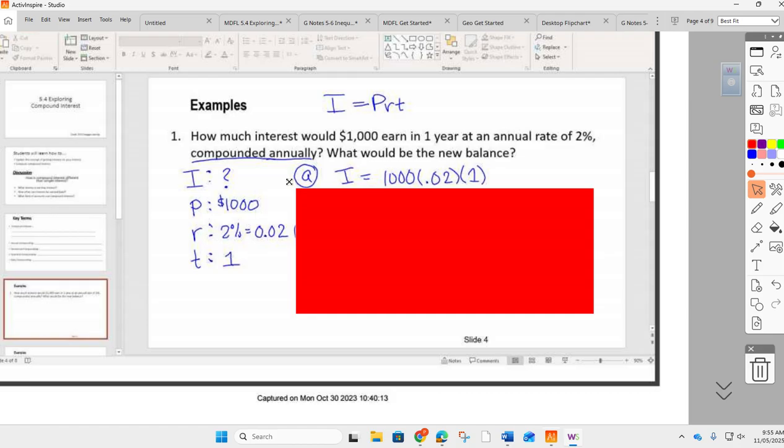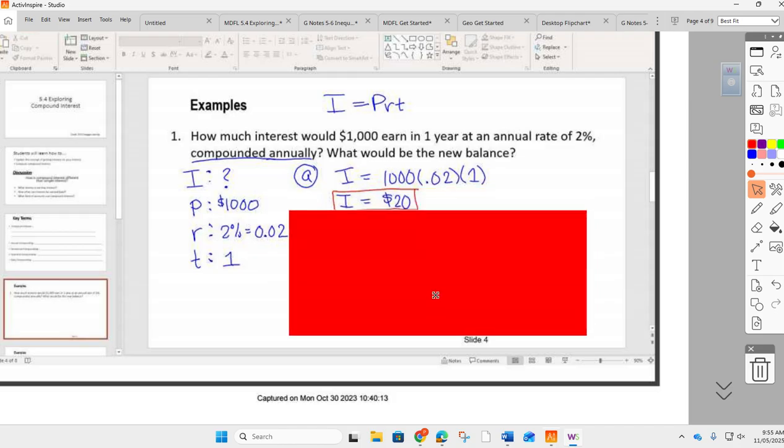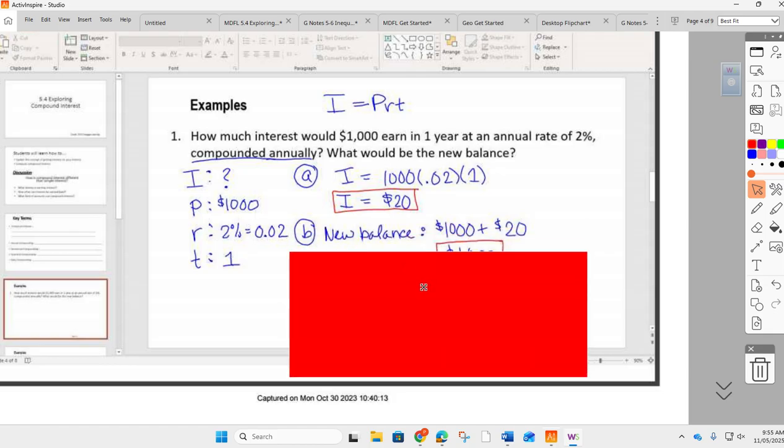And then we're going to put that in the calculator. This is not one that's a big deal to do on the calculator, but it's $20. So that is A, how much interest it would earn in 1 year. And then B, the new balance, remember, is your principal plus the interest.